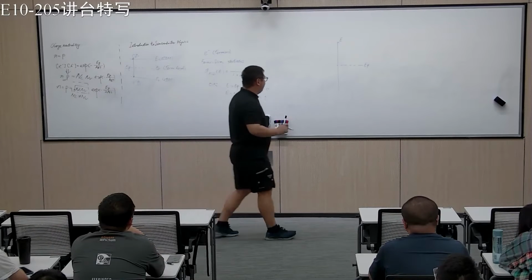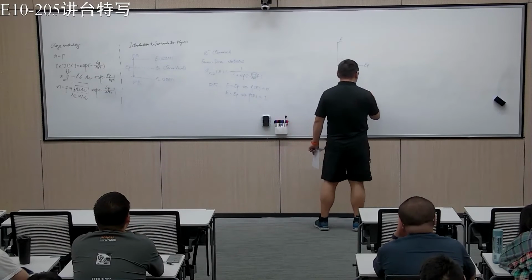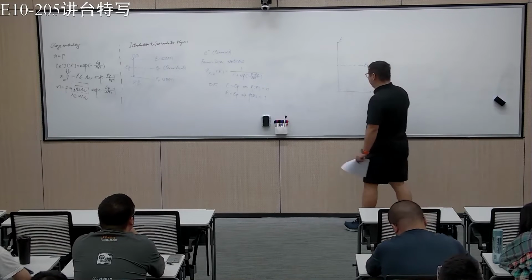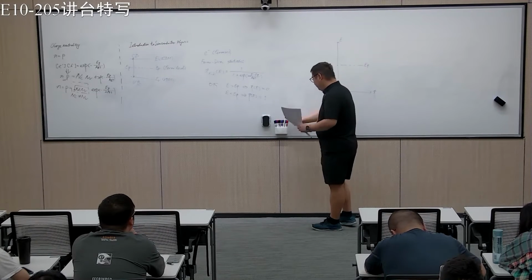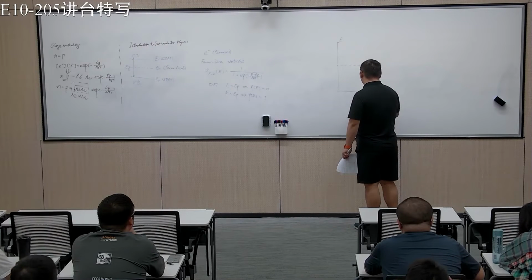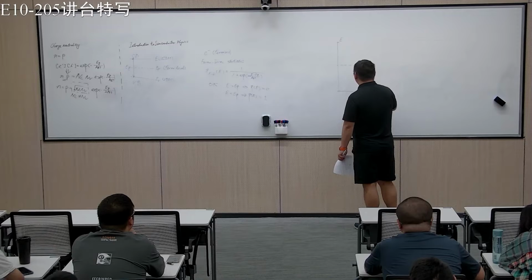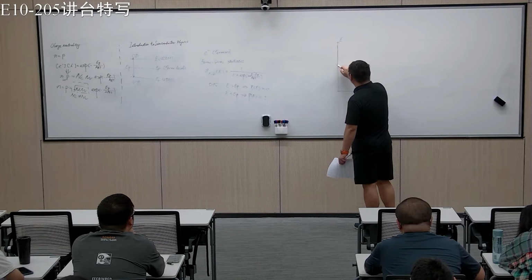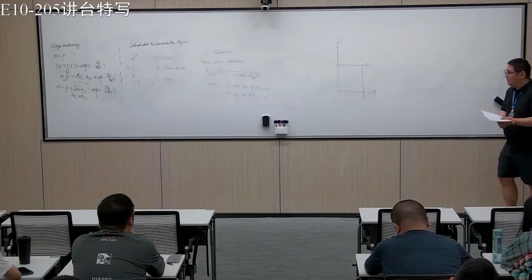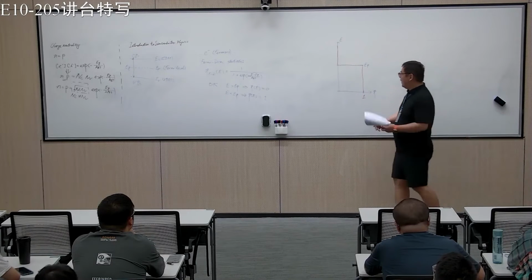So what does that mean? If I say this axis is F, it's 1 all the time here, and 0 here. So the function is like this.